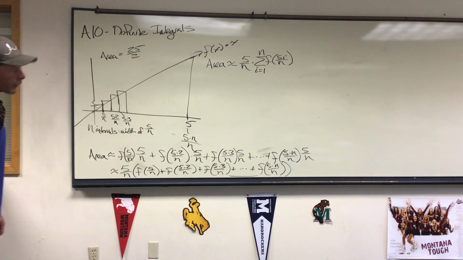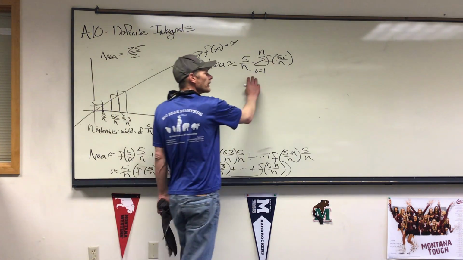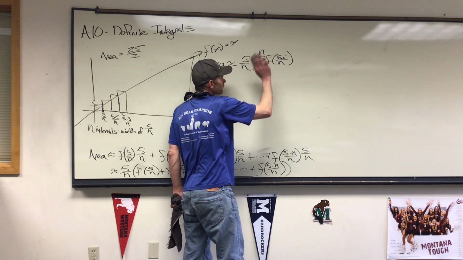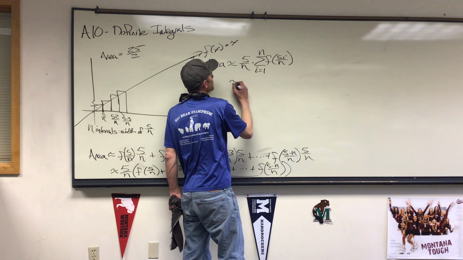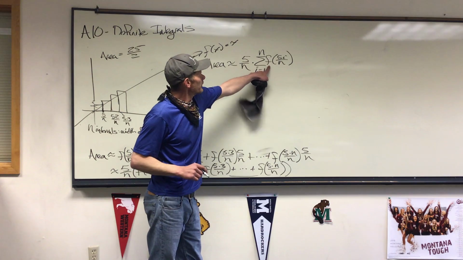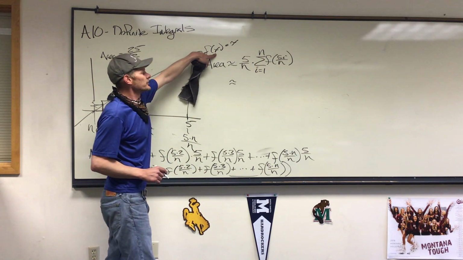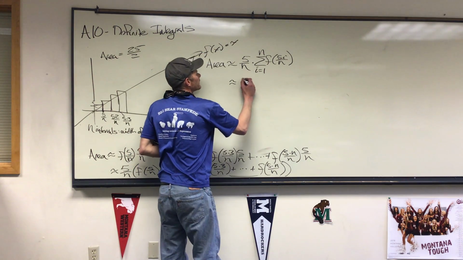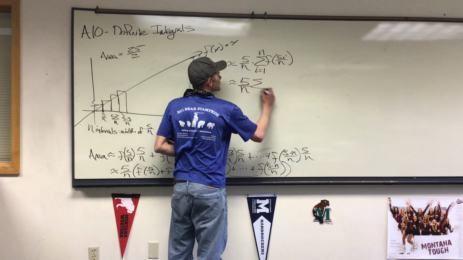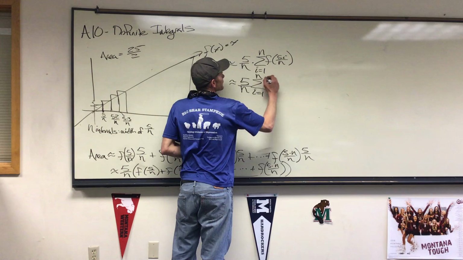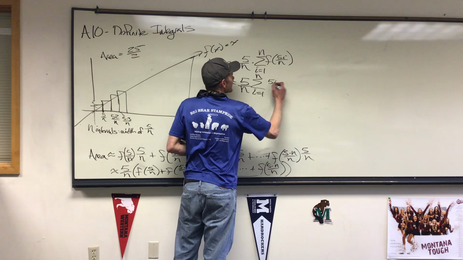Okay? So, now what we're going to do is evaluate the function f at 5i over n. And the function is just f of x equal to x, so we have 5 over n times the summation from i equals 1 to n of 5i over n.